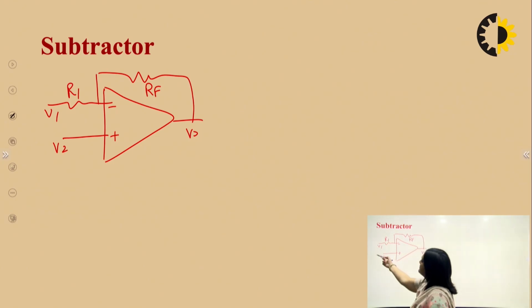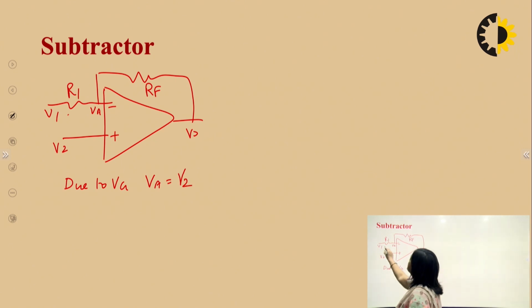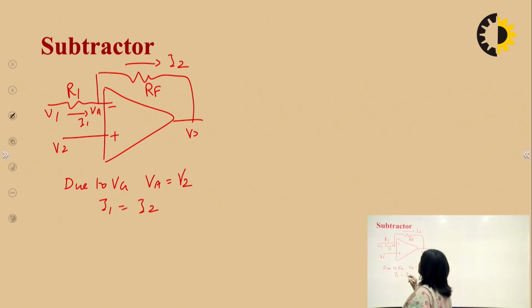Here we have applied V2 directly at the non-inverting terminal, and due to the virtual ground, VA is equal to V2 and current I1 is equal to I2, because an ideal op amp does not draw any current. So I1 would be V1 minus VA upon R1, and this is VA minus V0 upon RF.